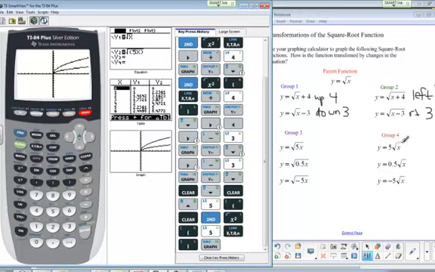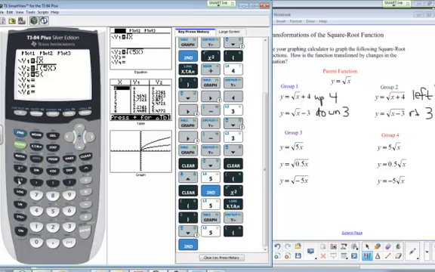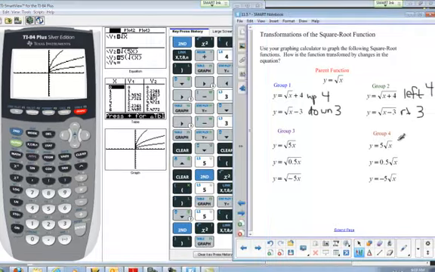How do you think the 5 out front is going to change things? 5 times the square root of x. Wow, that makes it quite a bit steeper because you're multiplying the square root of x answer times 5. So this is where it becomes 5 times steeper.